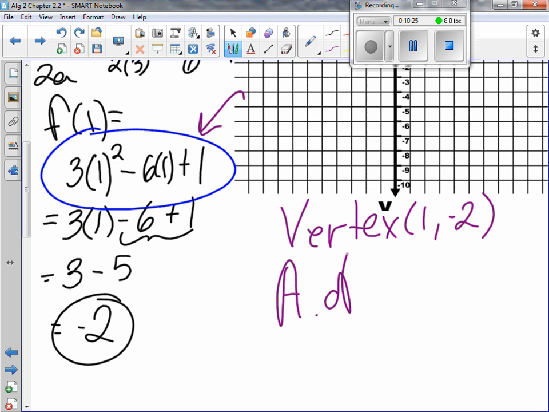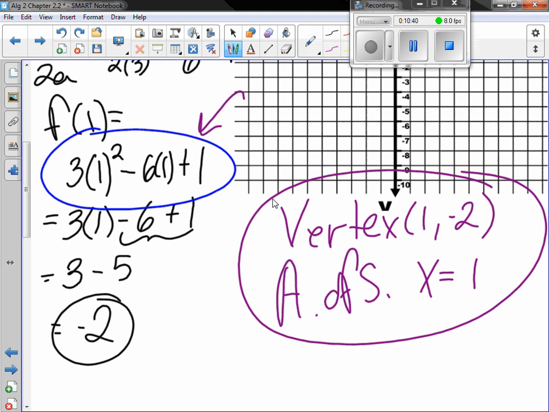Now the axis of symmetry, x is equal to negative b over 2a. Well, what is negative b over 2a? There's the vertex and axis of symmetry. And that's all we have to do for this here.